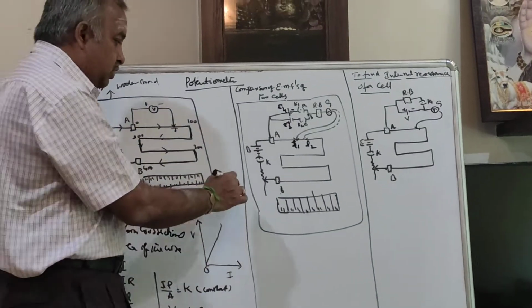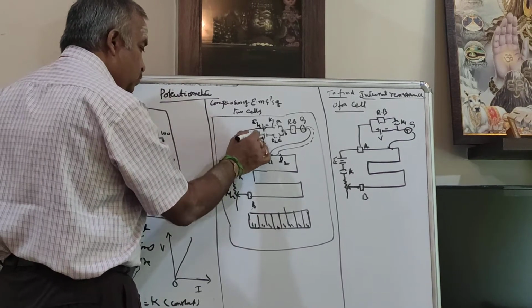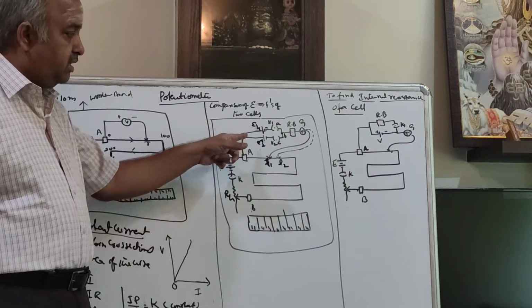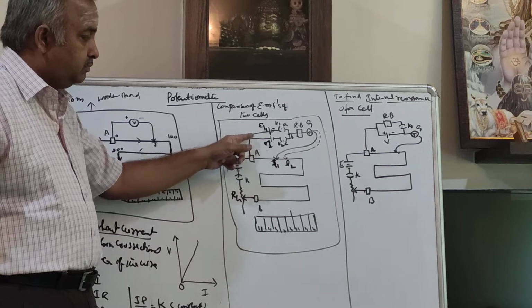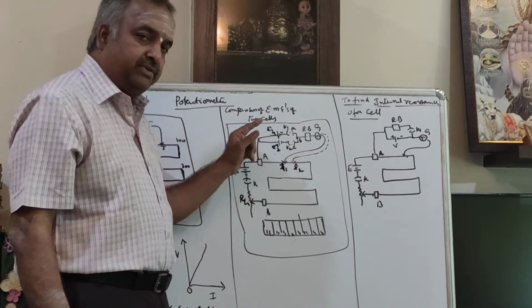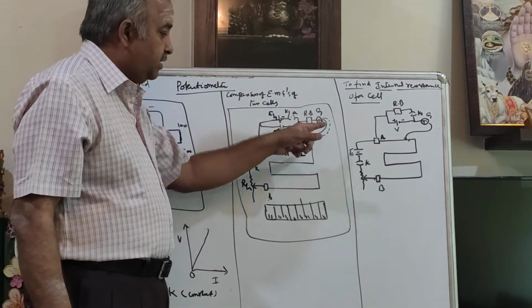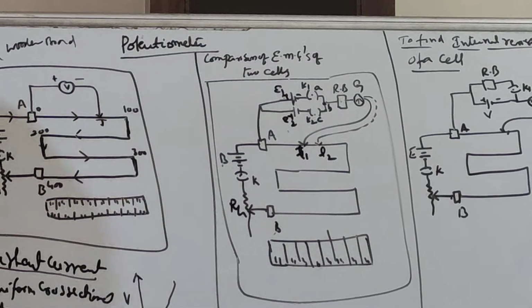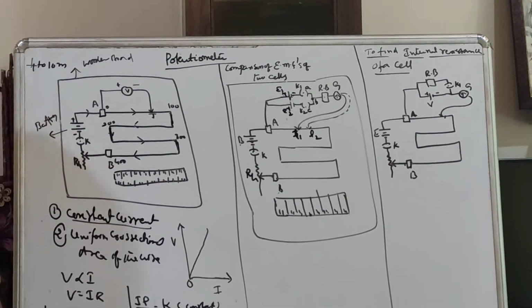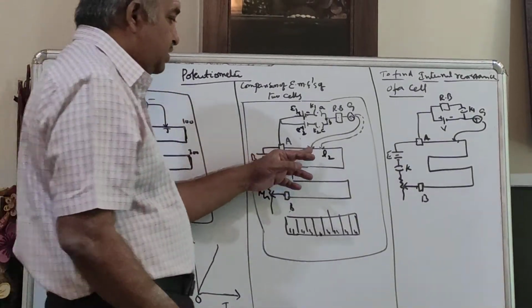Here we have a rheostat, plug key, and battery. The two cells are connected in series, positive to positive. K1 and K2 are two-way plug keys, connected to the resistance box and the galvanometer. The galvanometer shows the deflection, that is, how much current is flowing. And then the jockey is there.